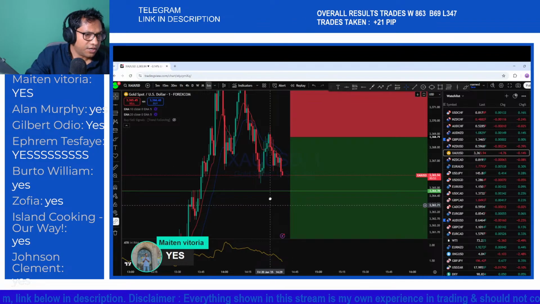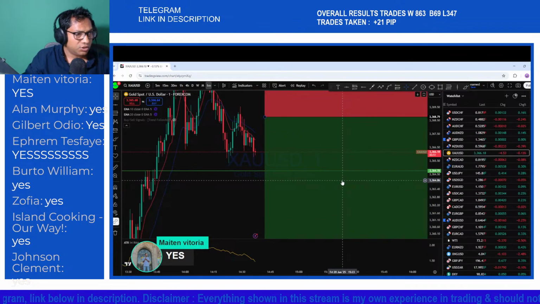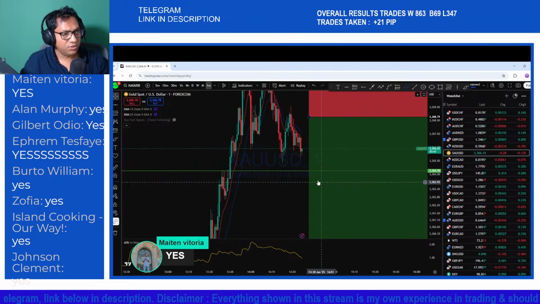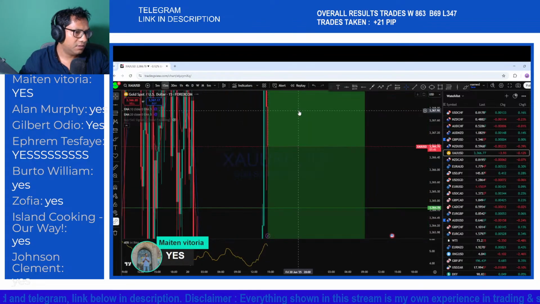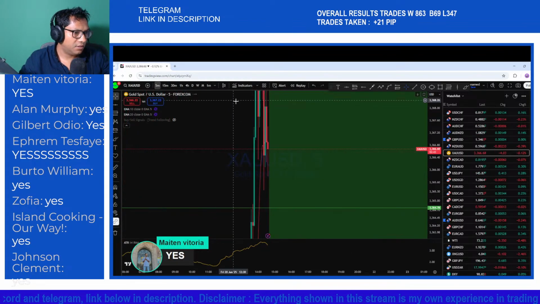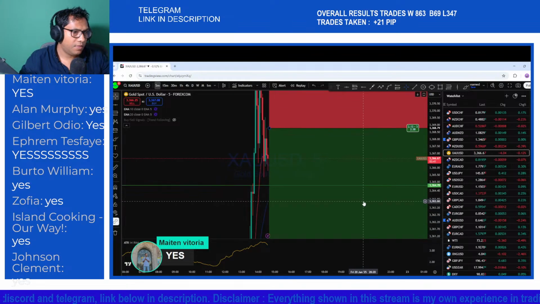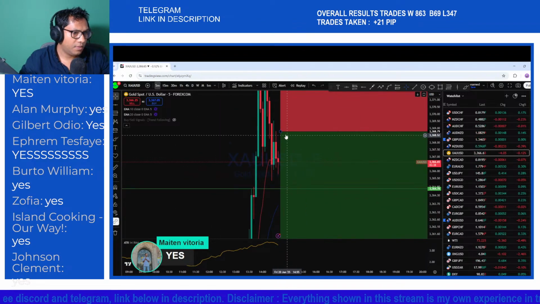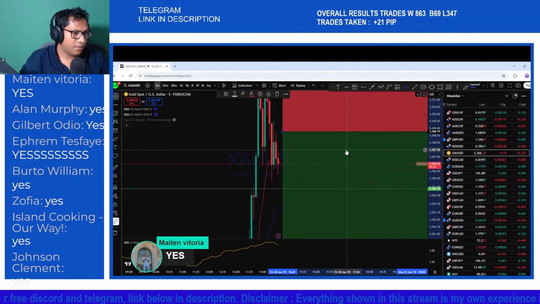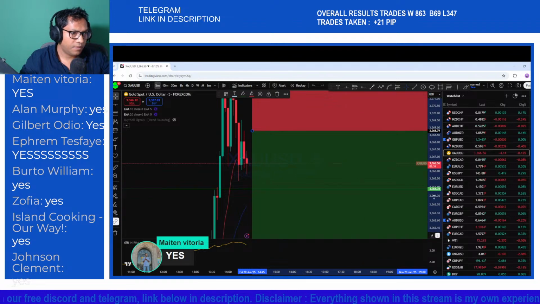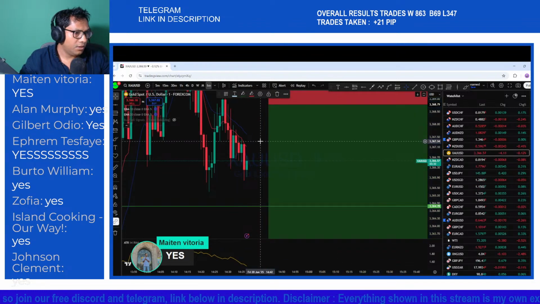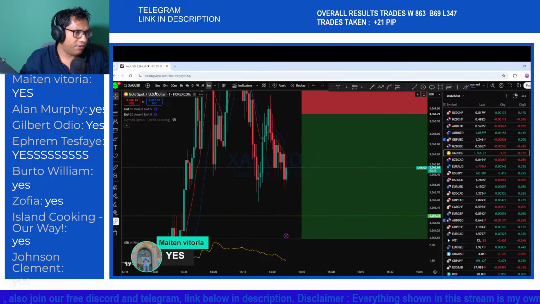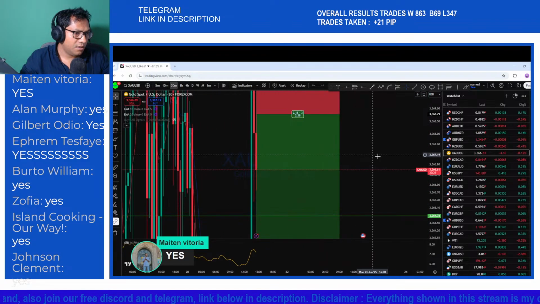So you can see the market is slowly pushing back down in that area, and here is where you can see there is a red bear candle.